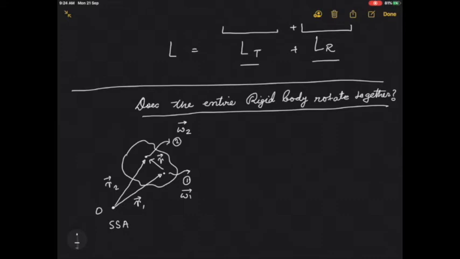If the two velocities are the same, since we have chosen point 1 and point 2 as any two points in the rigid body, then I will have proved that essentially the angular velocity at any point is the same. Now how do I do this? So I first look at the rate of change of the vector r with respect to the space set of axes.